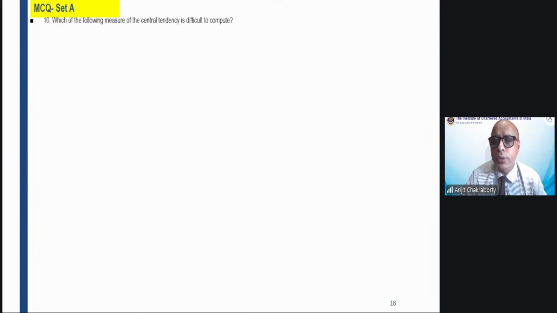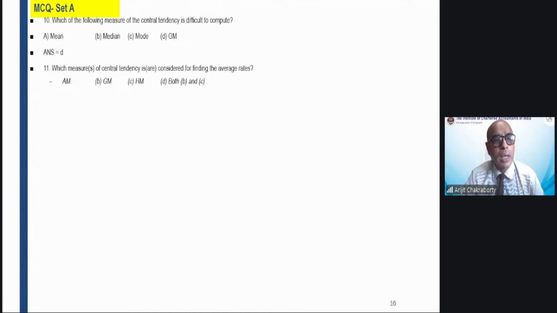We proceed to question number 10. Which of the following measures is difficult to compute? Relatively, the geometric mean. Out of the 4 options, GM is definitely difficult because of the use of logarithms. Number 11, we proceed. Which measure of central tendency is considered for finding the average rates?